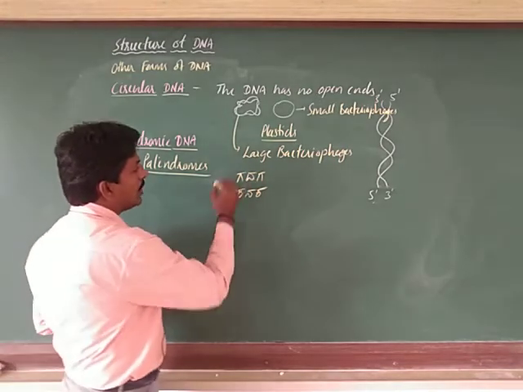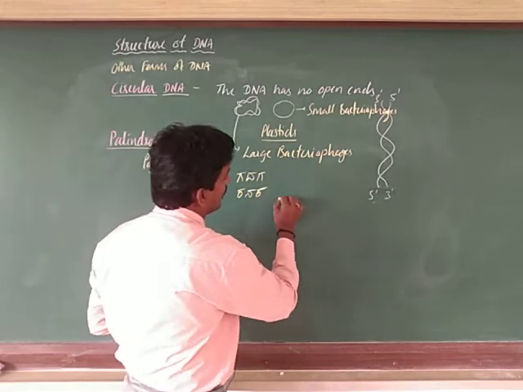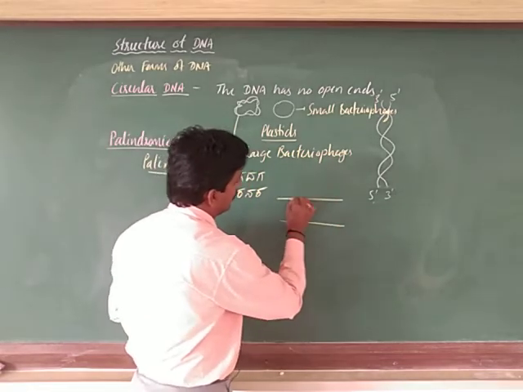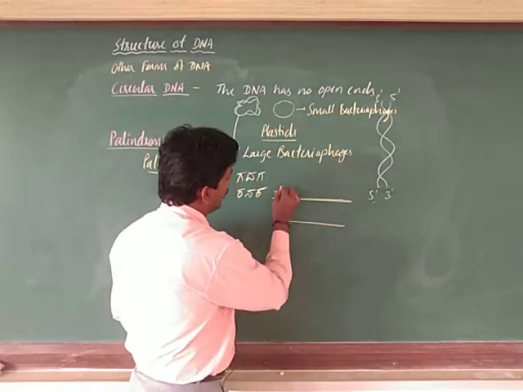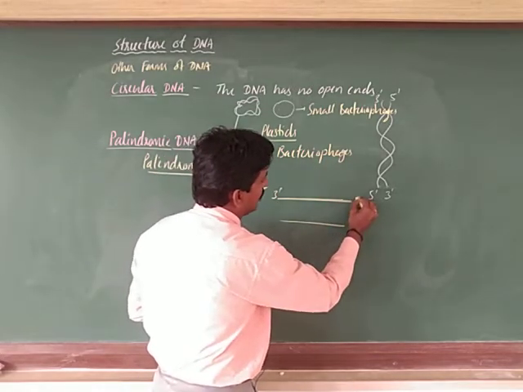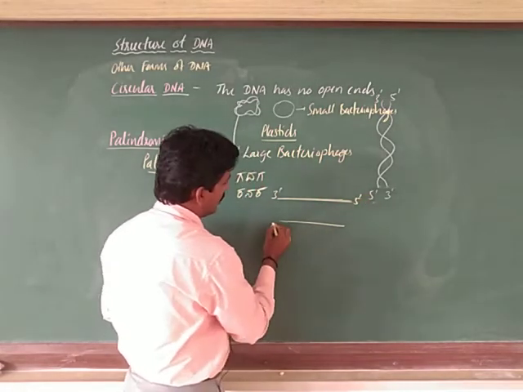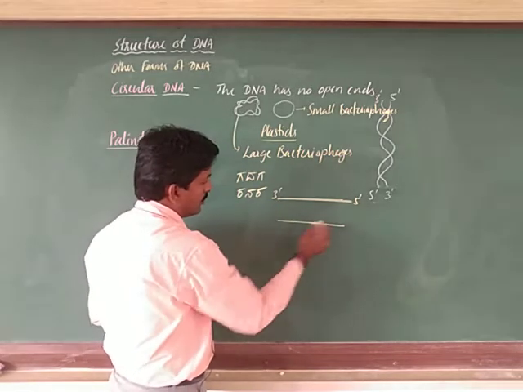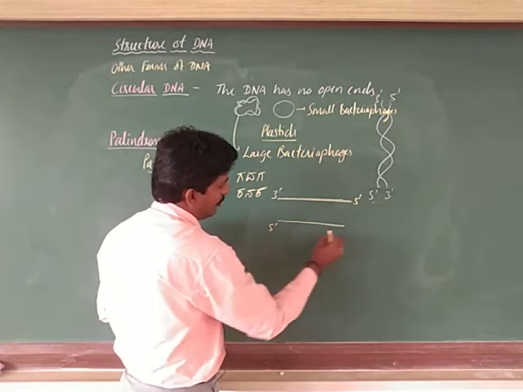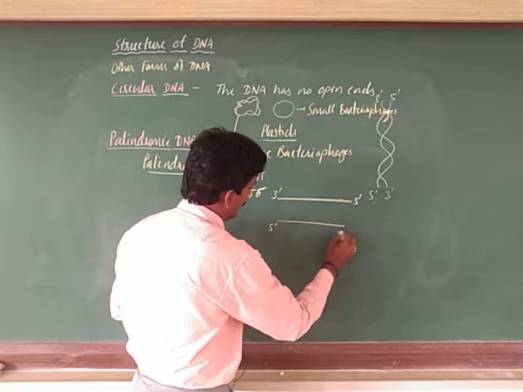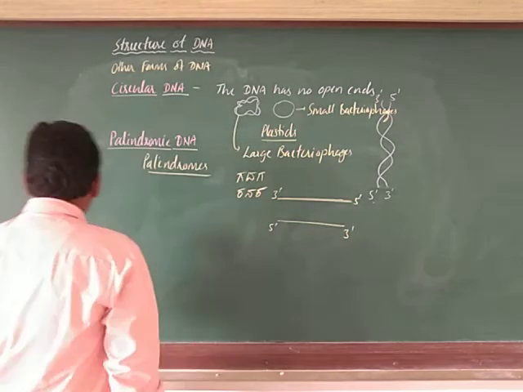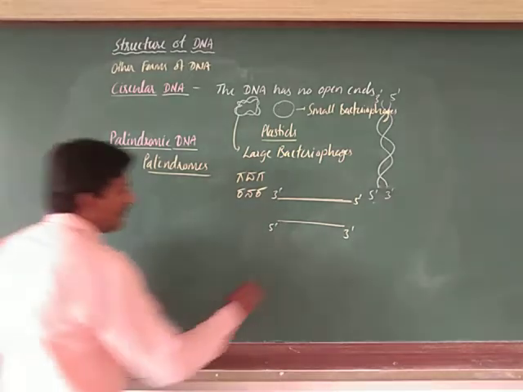Usually in DNA, one strand is this one and this is another strand. I will put here three prime and five prime. Here it will always be complementary, with five prime and the polarity three prime.